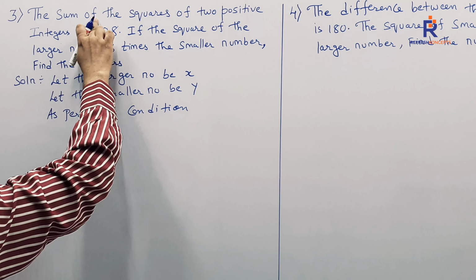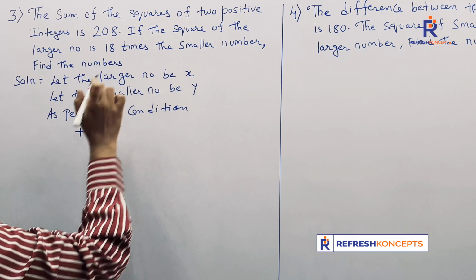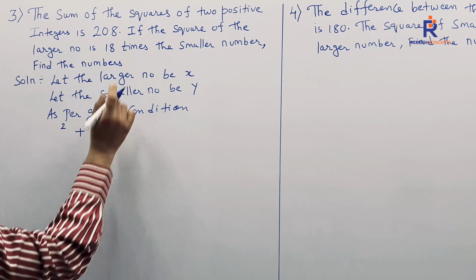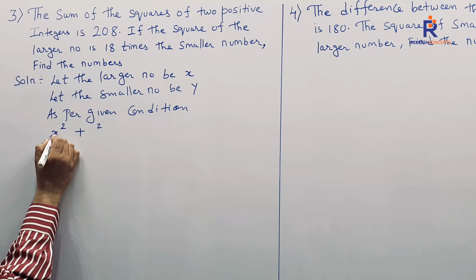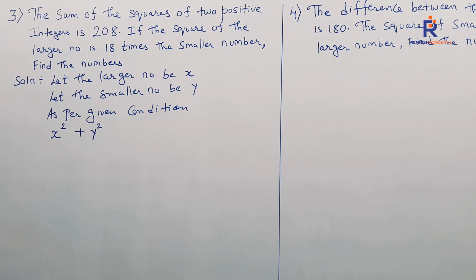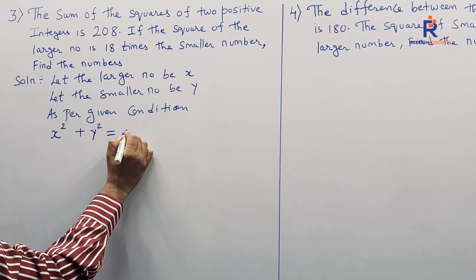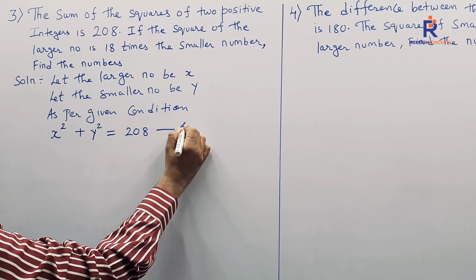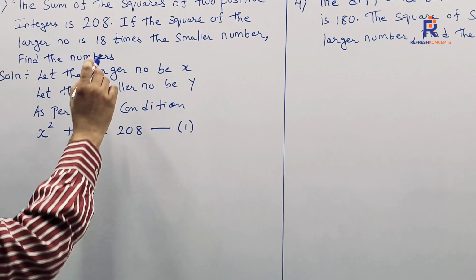As per the first given condition, what shall we say? The sum of squares of. Children, let me read the question and frame the equation. Sum, plus, of means I need to write down two numbers over here.